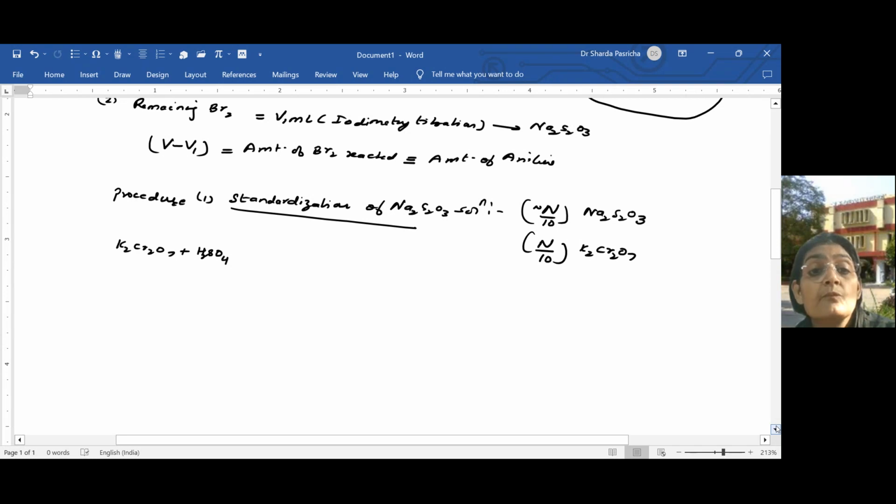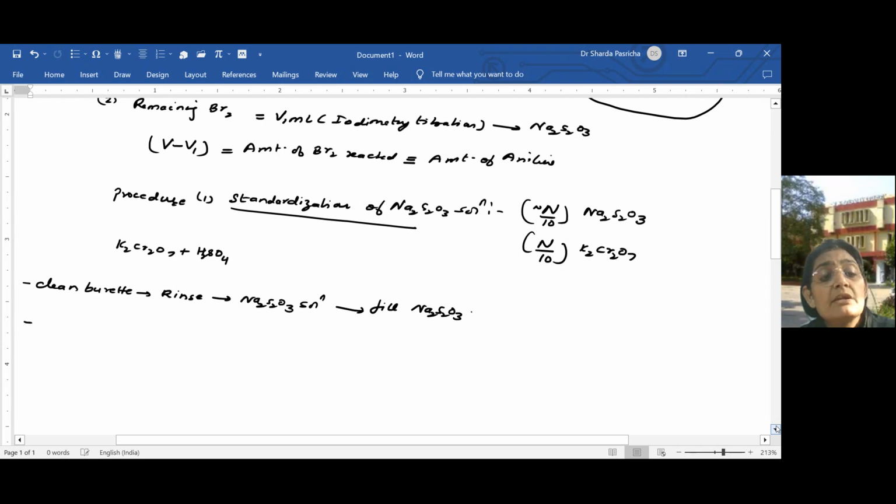Please understand. What you will do is you will take a clean burette. Rinse it first with sodium thiosulfate solution. And then fill it with the sodium thiosulfate solution.